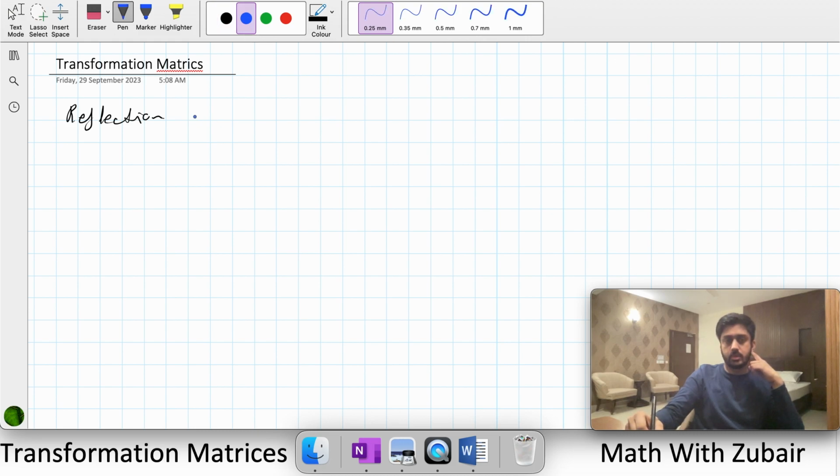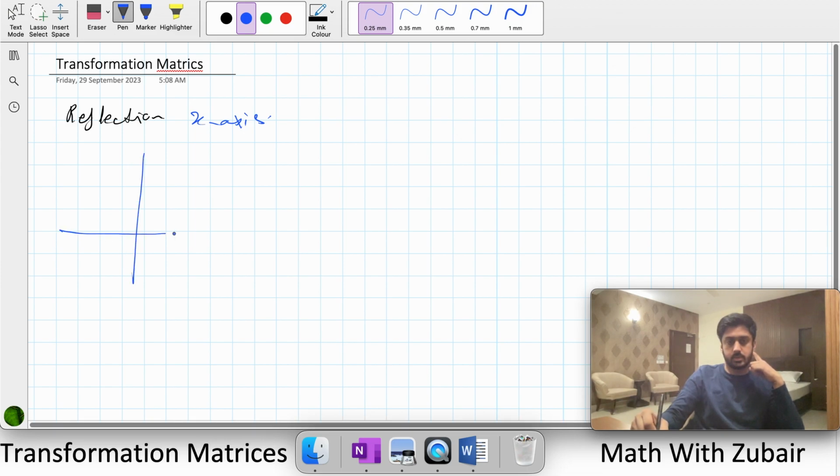Reflection in x-axis. So always consider this basic square. This coordinate is x1, y0. This is x0, y1. So it is reflection in x-axis.